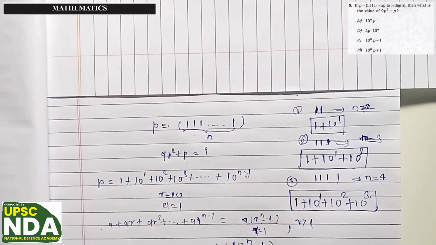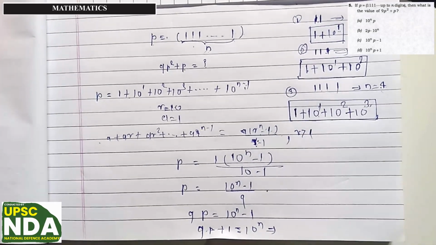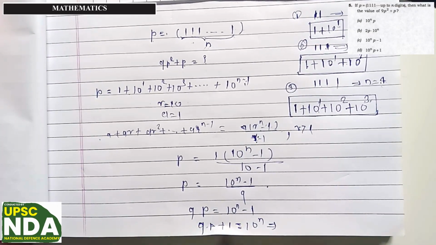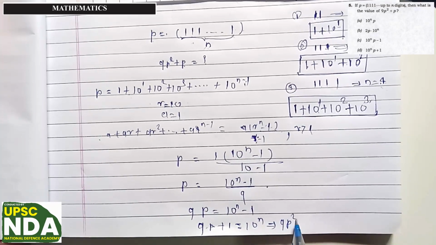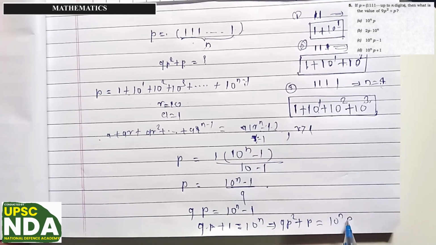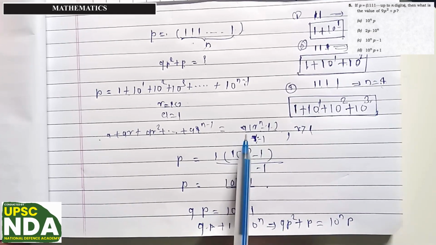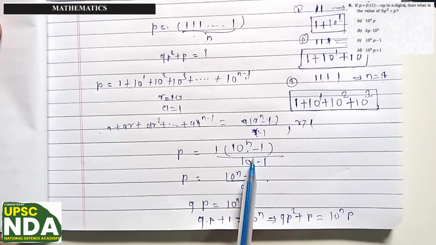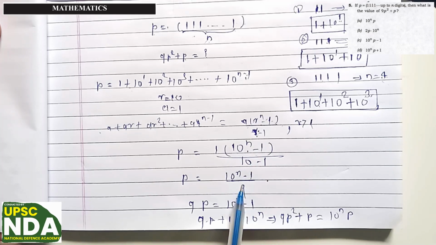Now what we want in our question is 9p square plus p. For finding the value of 9p square plus p, we multiply p to both sides. So 9p plus 1 multiplied by p gives 9p square plus p, and 10 raised to n into p. What I have done is apply the sum of n terms of a geometric progression and solve further.